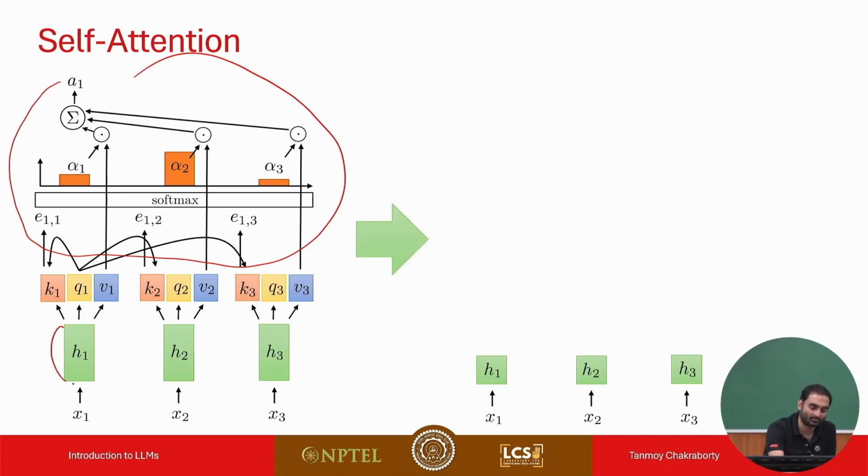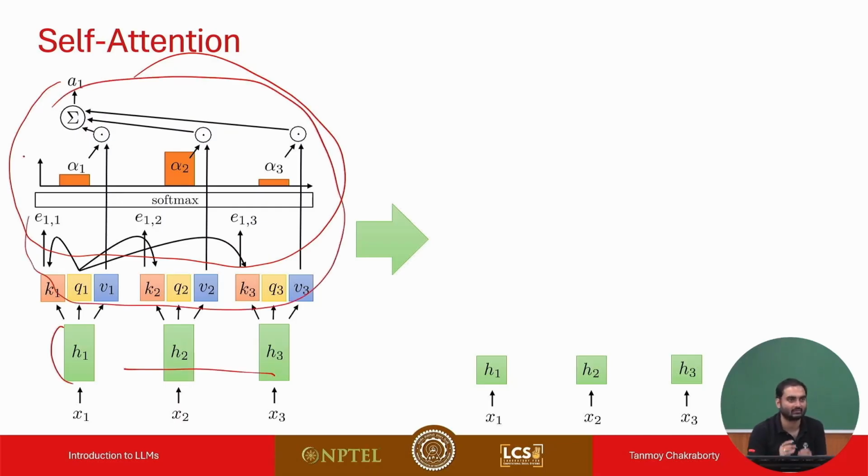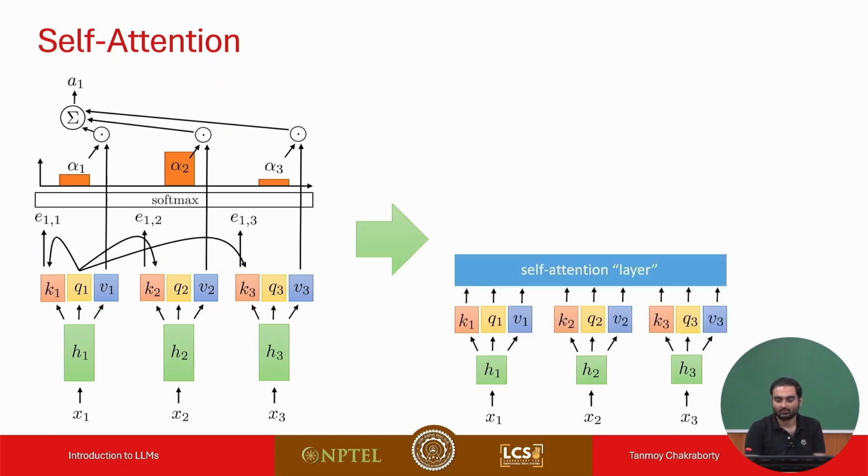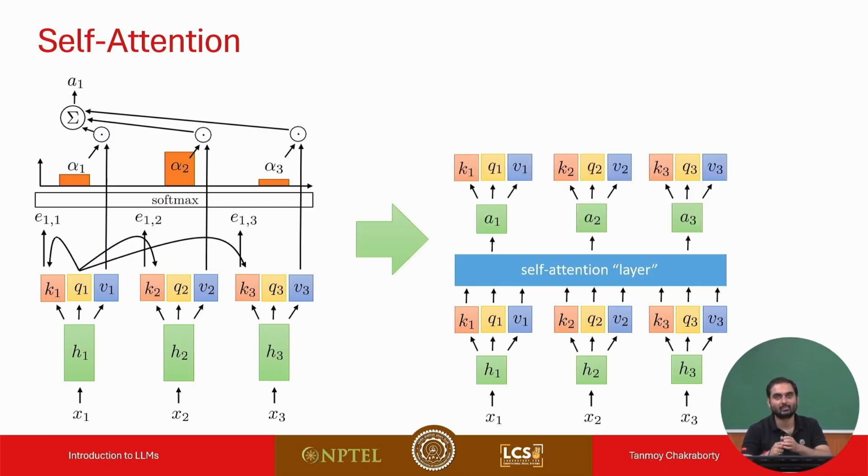Once we obtain the hidden states, you can think of the remaining part that we discussed as a layer, and within the layer all these things are happening. We call this the self attention layer. So we can repeat the self attention process multiple times.